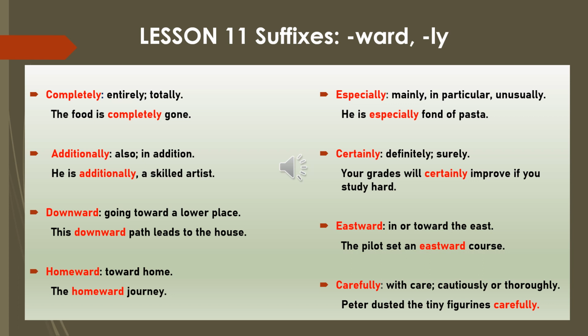Here you have some examples that use the suffix ward and ly. And you also have a sentence that includes that word. So, on the next page, we are going to continue talking about the rest of the spelling words in this lesson.